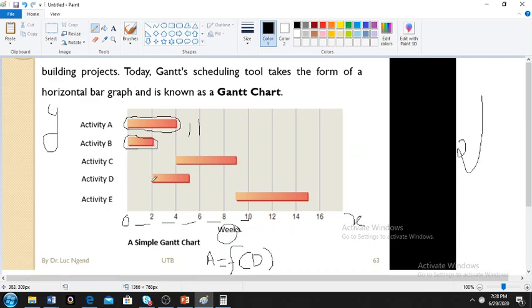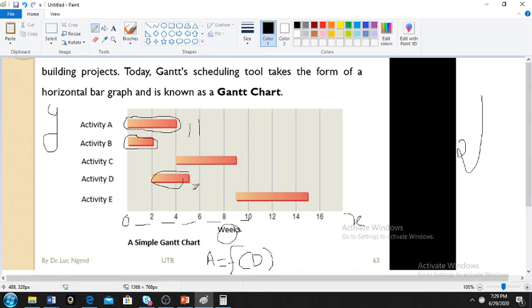Now after B, you are going to have D. Just after B, you are going to have D, which is going to take, from here to here is 2, and from here to here is like 3. It's going to take 3 weeks.